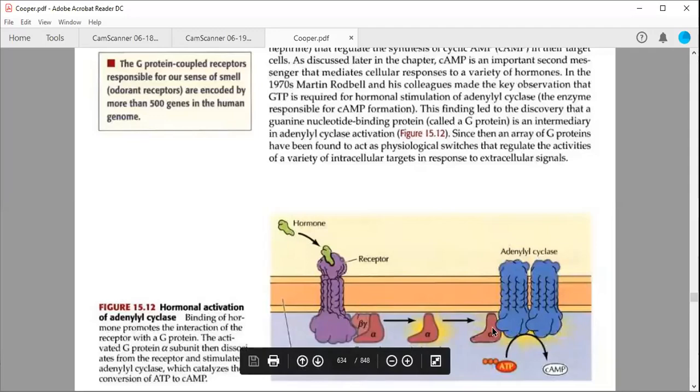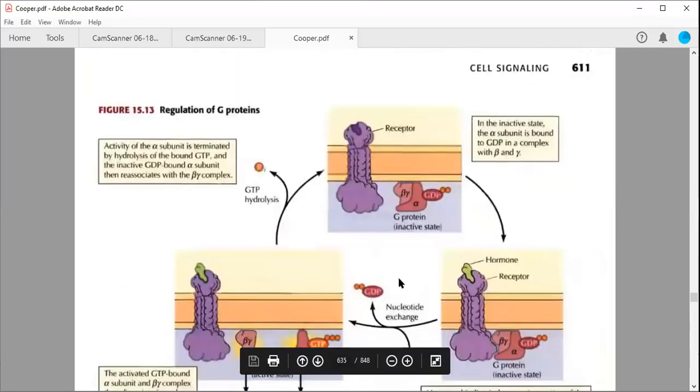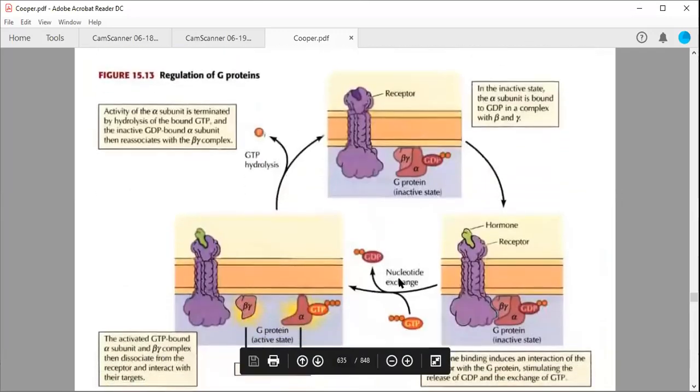Now suppose this alpha subunit, which is bound to GTP in its active form, utilizes its GTP and hydrolyzes GTP into GDP. Then it will again be inactivated and will interact again with the beta gamma complex. That is more clear from this particular diagram.